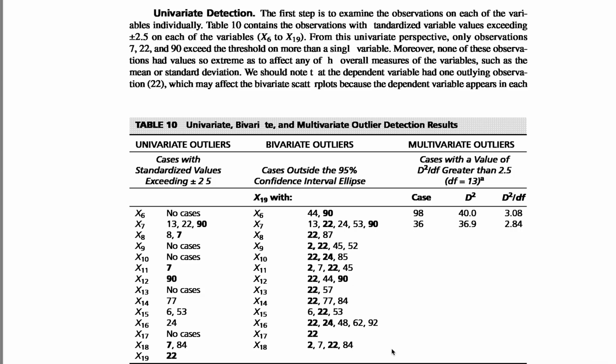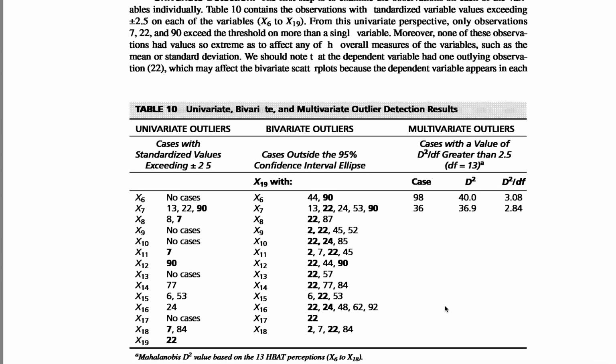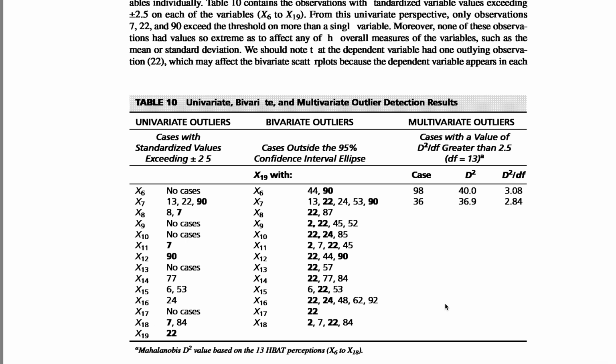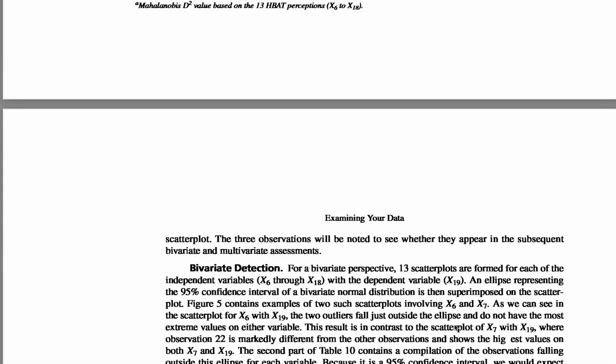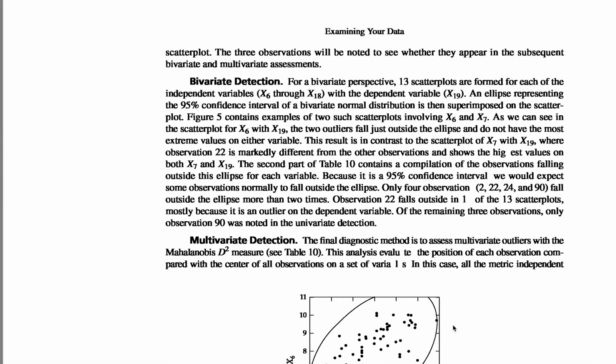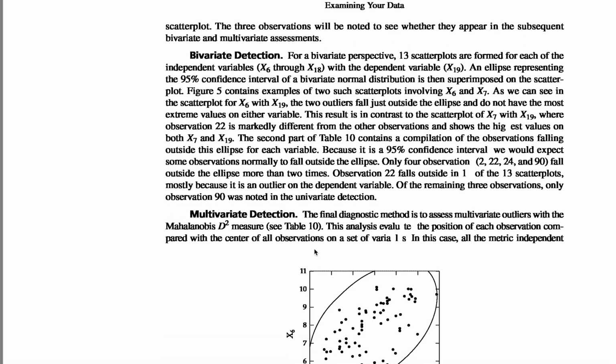Moreover, none of these observations had values so extreme as to affect any of the overall measures of the variable, such as the mean or the standard deviation. We should note that the dependent variable had one outlying observation, 22, which may affect the bivariate scatter plots because the independent variables appear in the scatter plots. The three observations will be noted to see whether they appear in the subsequent bivariate and multivariate assessments.